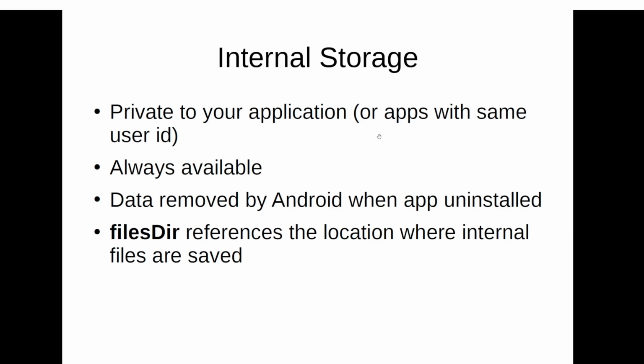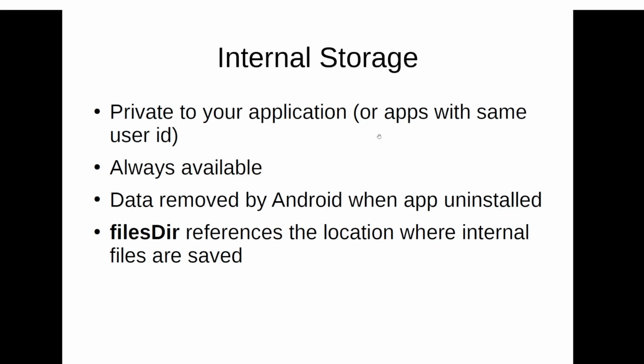Internal storage is always available. That essentially means once your application is running, you can access internal storage without having to verify that it's mounted and accessible to your application. When an application is uninstalled, Android will automatically remove all data stored in internal storage.